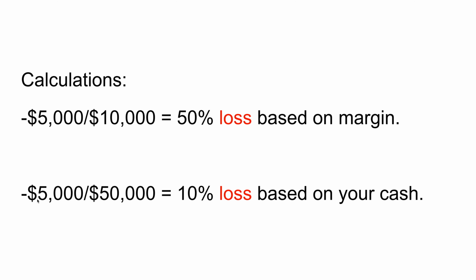Now, if we look at non-margin, let's just say you had the full 50,000 and you've lost 5,000. Well, that's only 10% based on your own cash. So this is pretty much how margin works. As I've said before, it magnifies your gains and losses.